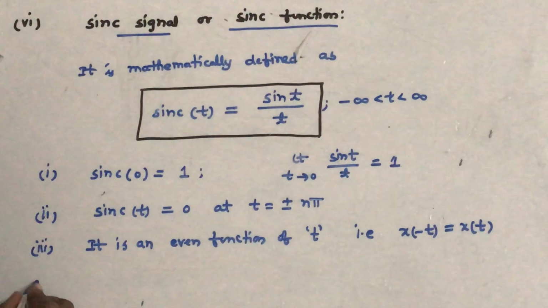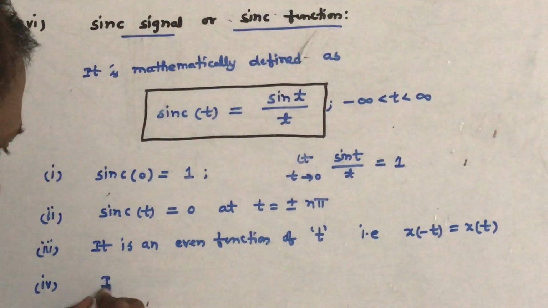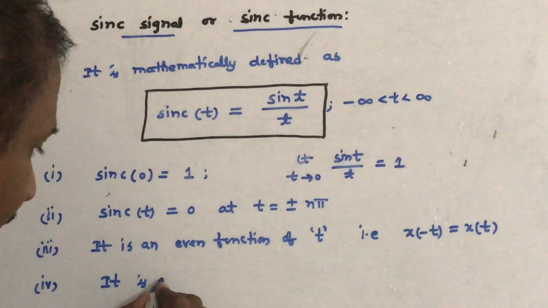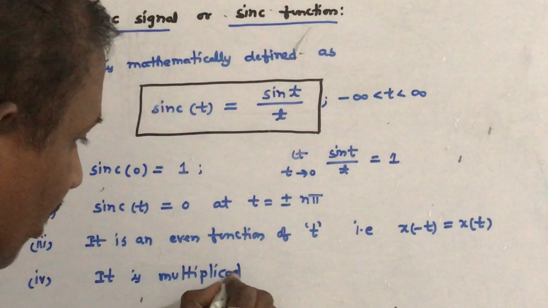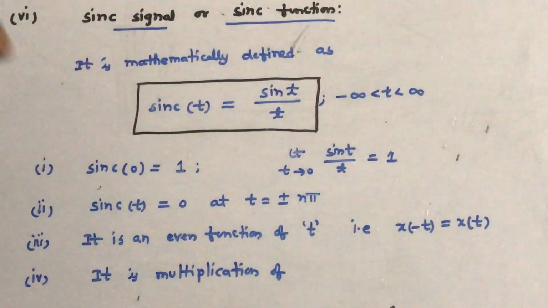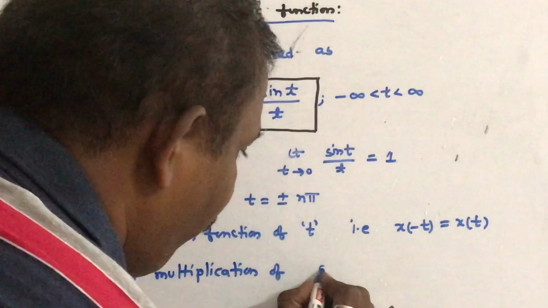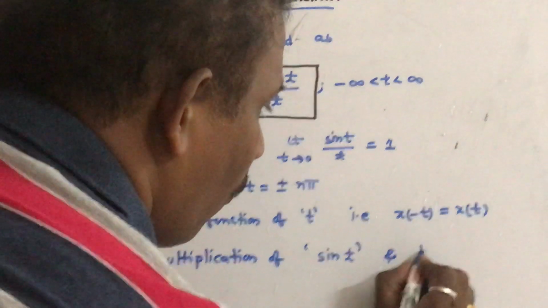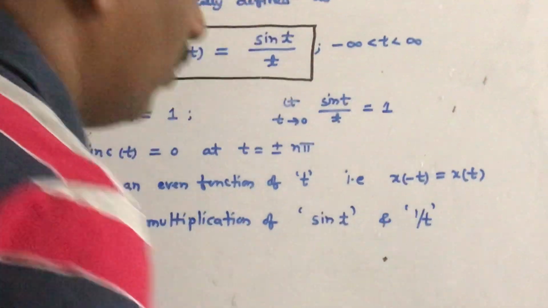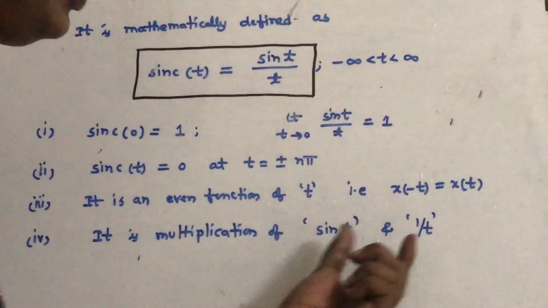The fourth point is that it is the multiplication of the sin t graph and the 1 by t graph. So let us draw both sin t and 1 by t.